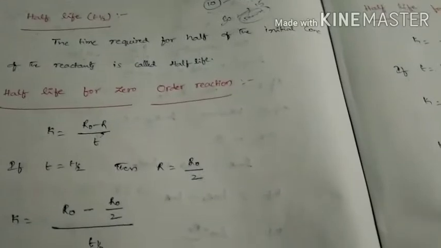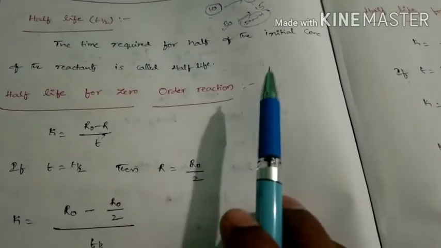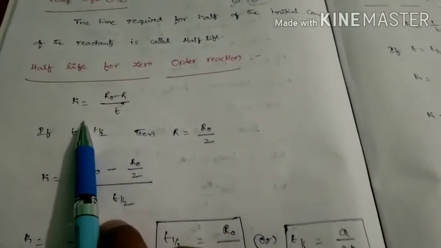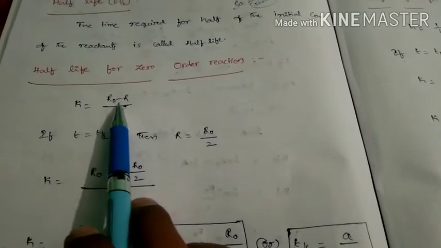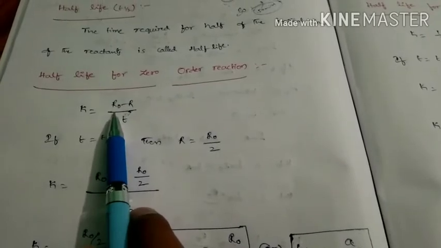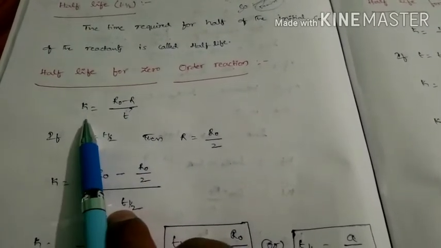Now we have to write the half-life expressions for zero order and first order reactions. We already know the zero order equation is K equal to R naught minus R by T, where R naught is initial concentration, R is final concentration, T is time and K is rate constant.